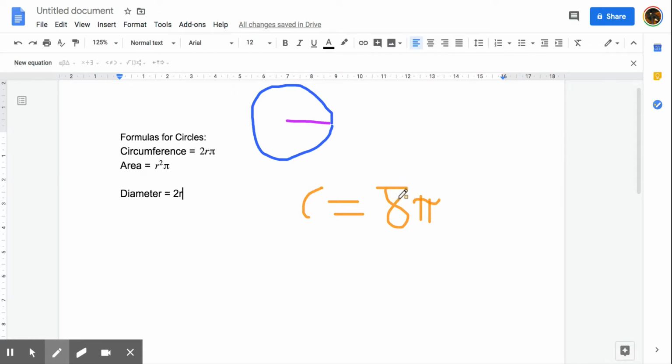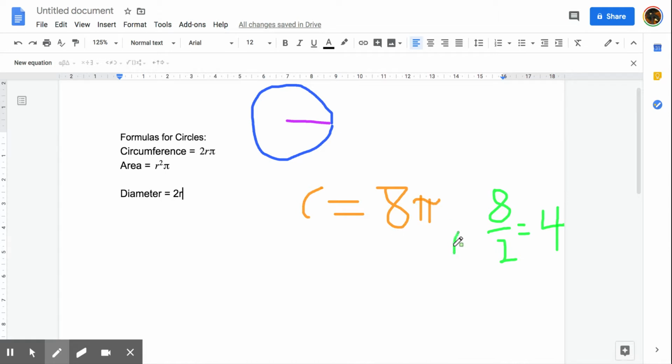Well, what number was multiplied by 2 to get 8? It was 4. So how do you undo times 2? You divide by 2. So we do 8 divided by 2, and that gives you the radius, 4. And the pi you just get rid of.